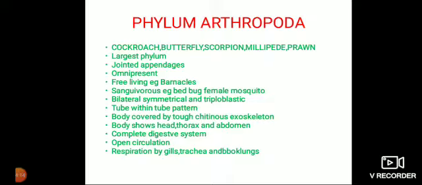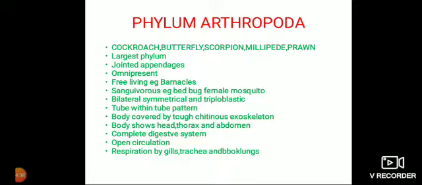Sometimes wings are present or absent. Digestive system is complete, meaning mouth is present, anus is present. Open circulation. What is the difference between open and closed circulation? When blood never comes out of the blood vessel, that is called closed circulation. Example, man. And when the blood comes out of the blood vessel, that is open circulation. Example, cockroach or other arthropods like butterfly.